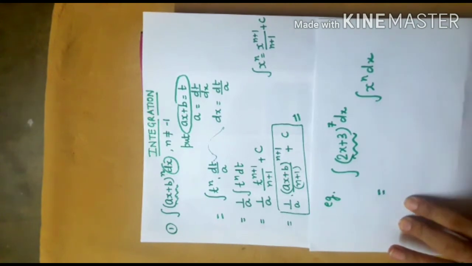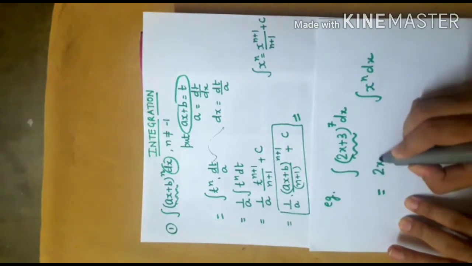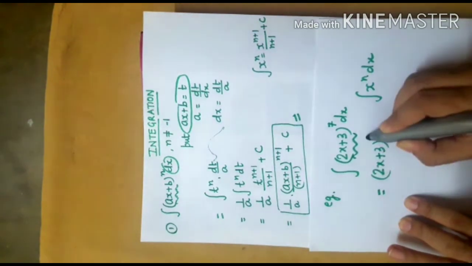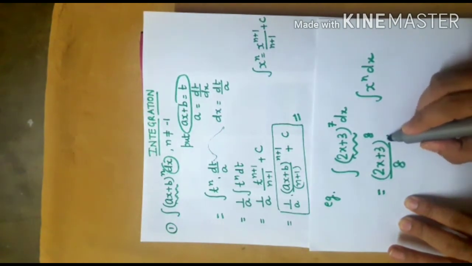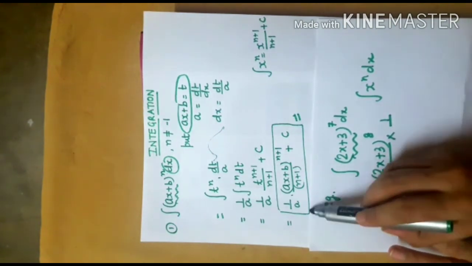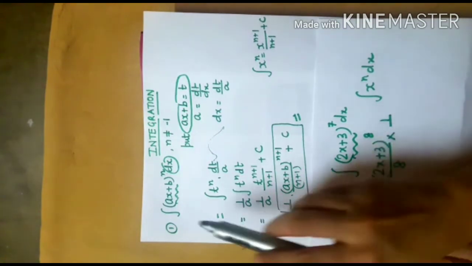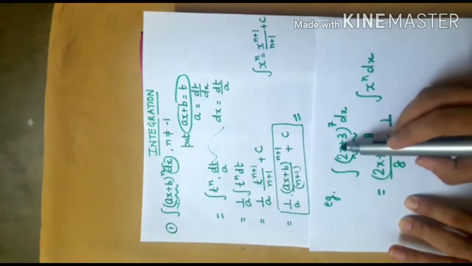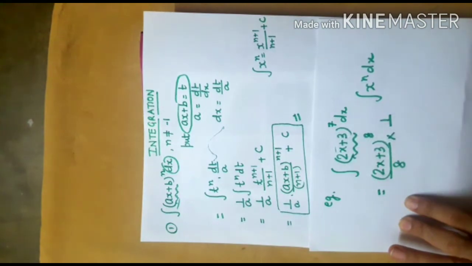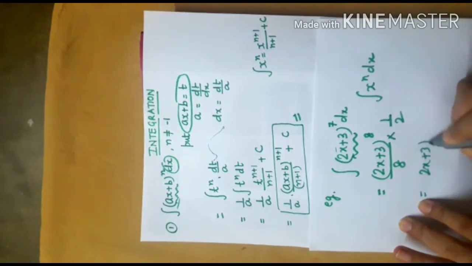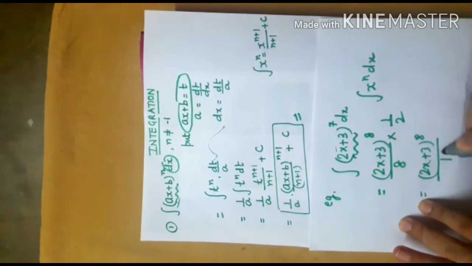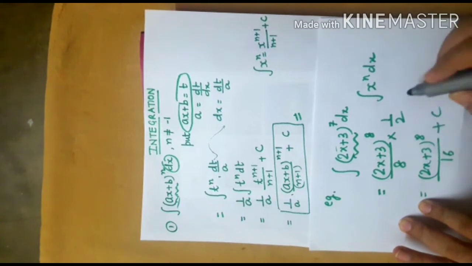Now this integral will be, using this form, (2x plus 3) raised to the power 8 divided by 8 into 1 over a. And what was a? a was the derivative of this. What is the derivative of 2x plus 3? It is 2. So I'll get 1 over 2. So it's (2x plus 3) raised to the power 8 whole divided by 16 plus c.